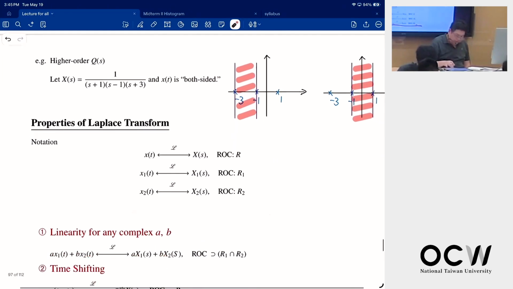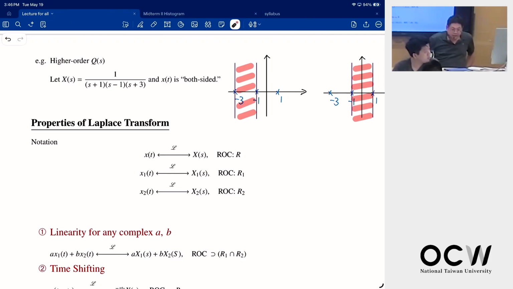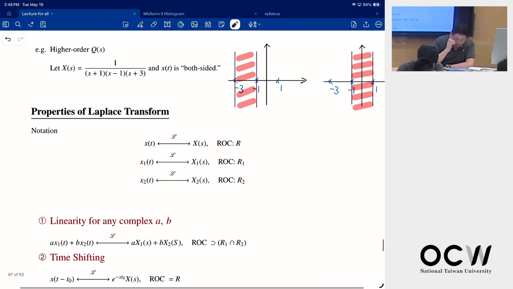First, linearity. You also learned the Laplace transform before, in your second year, so this should not be that hard. Linearity, just like the Fourier transform. If you take a linear combination of your signals, the Laplace transform is also the linear combination.